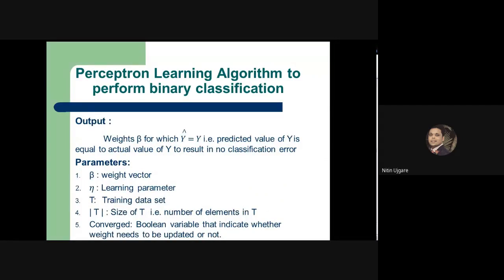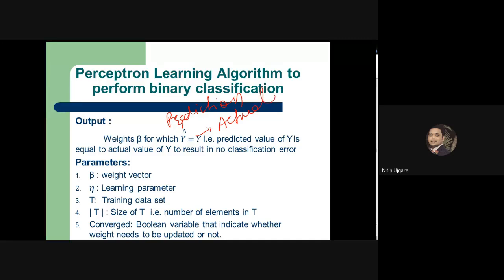So weights beta, for which y cap is what? Y cap is the predicted class of some input instance x. This is the prediction and this is the actual value.